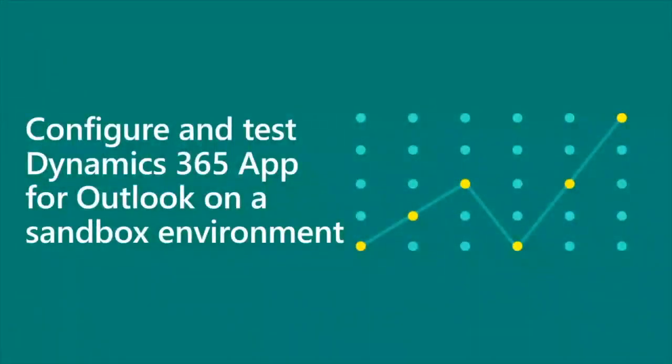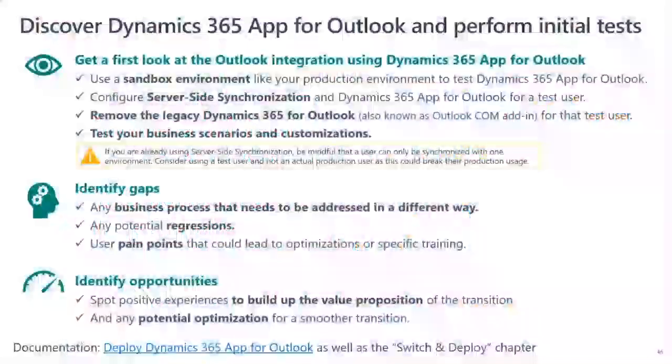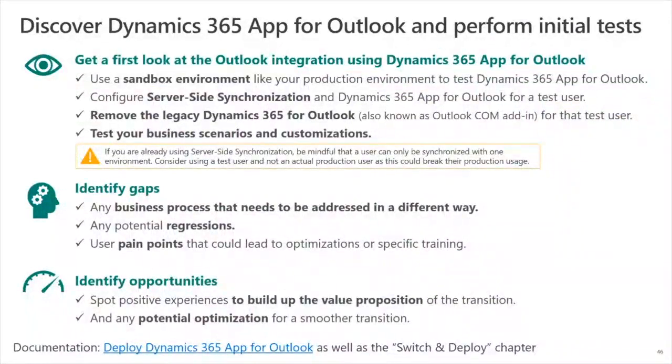Once that's done and you're ready to move on with your test, you should configure the app for Outlook on the sandbox environment. For that, you need to configure server-side synchronization and configure the app for Outlook for a test user. You should remove the legacy Dynamics 365 for Outlook add-in for that test user and then test your business scenarios and customizations.